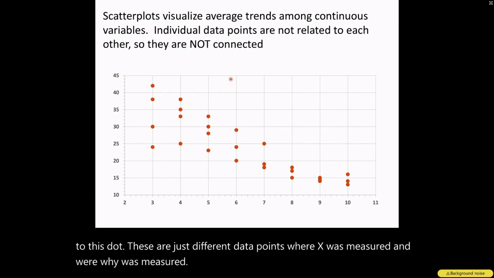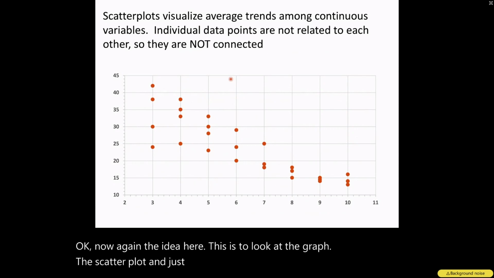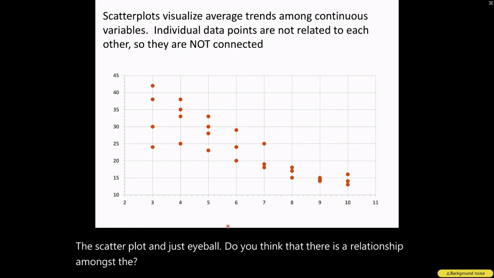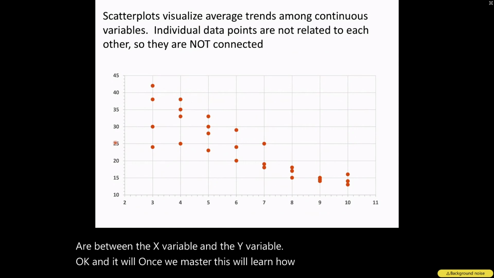Okay. Now, again, the idea here is to look at the scatter plot and just eyeball, do you think that there's a relationship between the X variable and the Y variable? Okay. And once we master this, we'll learn how to assess that trend.